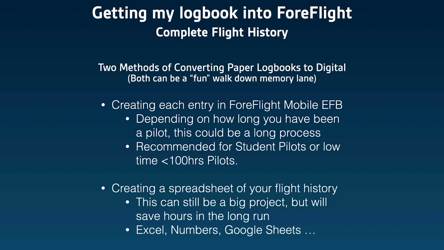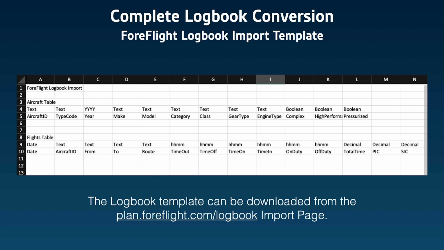So the other way that I would suggest is utilizing a spreadsheet. I use Excel personally, but Numbers or Google Sheets will be adequate. You can download our CSV file from our website and then enter the information manually as you type. So using the CSV file that you downloaded from our website, this is what it's going to look like once it's been imported.